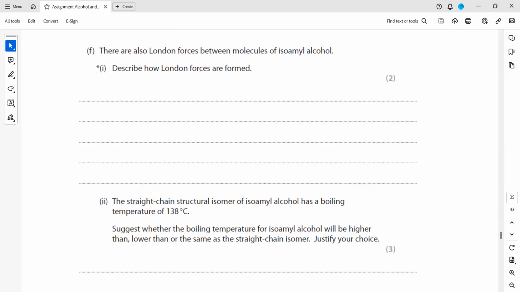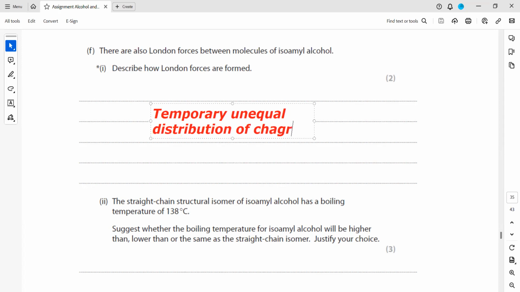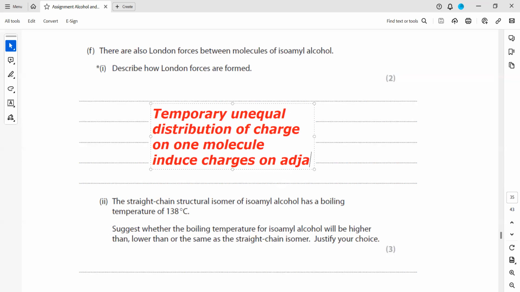Due to instant dipoles, a temporary asymmetry of electron distribution, the temporary unequal distribution of charge on one molecule induces charges on an adjacent molecule.